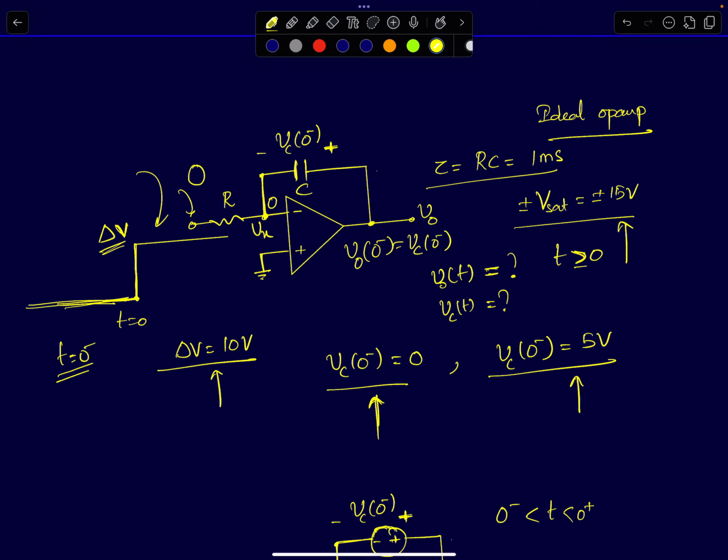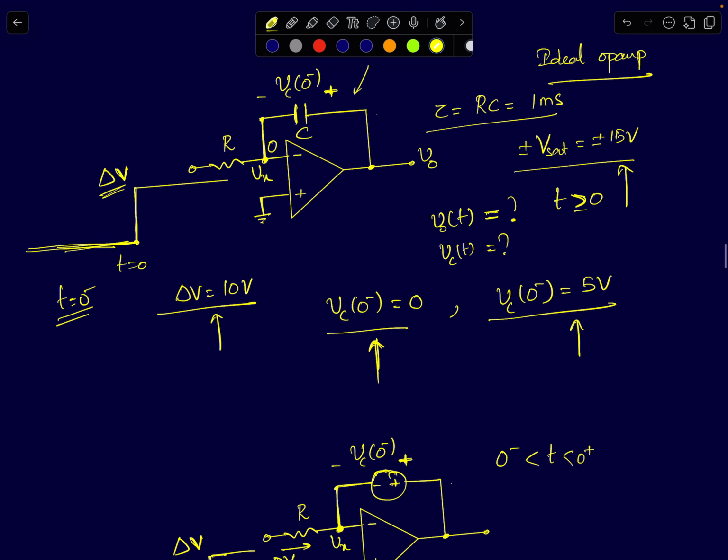V naught of 0 minus will be exactly equal to VC of 0 minus, and in this case, it's given to be equal to 0 volts. So we know the initial output voltage, and that is simply equal to 0 volts. This directly follows from our discussion in the previous lecture, and I'm just quoting the result here, or even otherwise you can easily see that V naught of 0 minus will be equal to VC of 0 minus, which will be 0 volts.